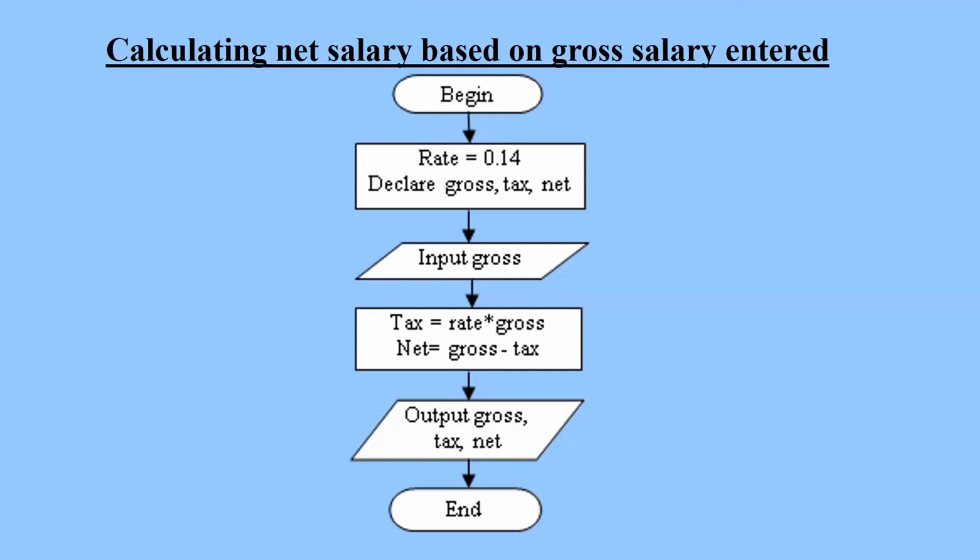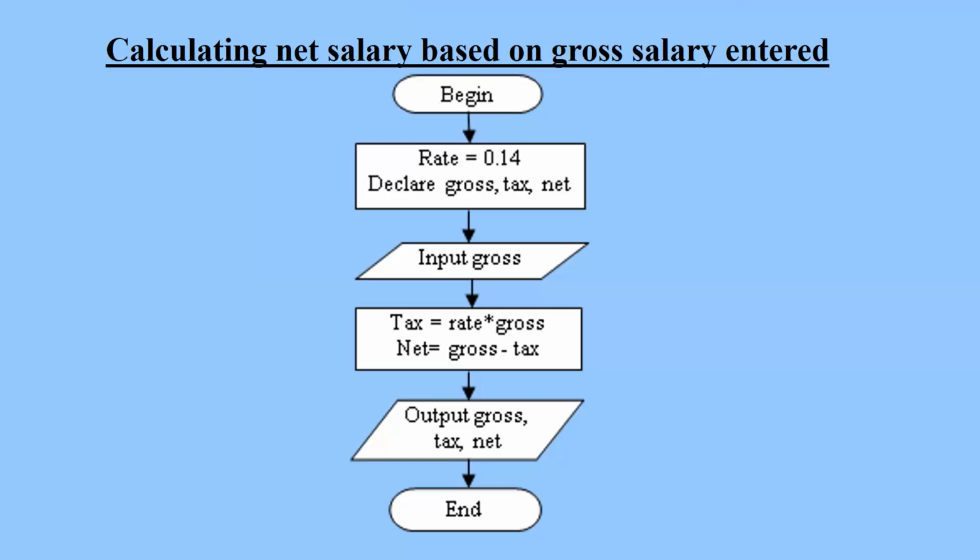So those two are processing operations. They are calculating, computing operations. And therefore, because we are calculating tax and net, we use the symbol for processing, that is the rectangle.